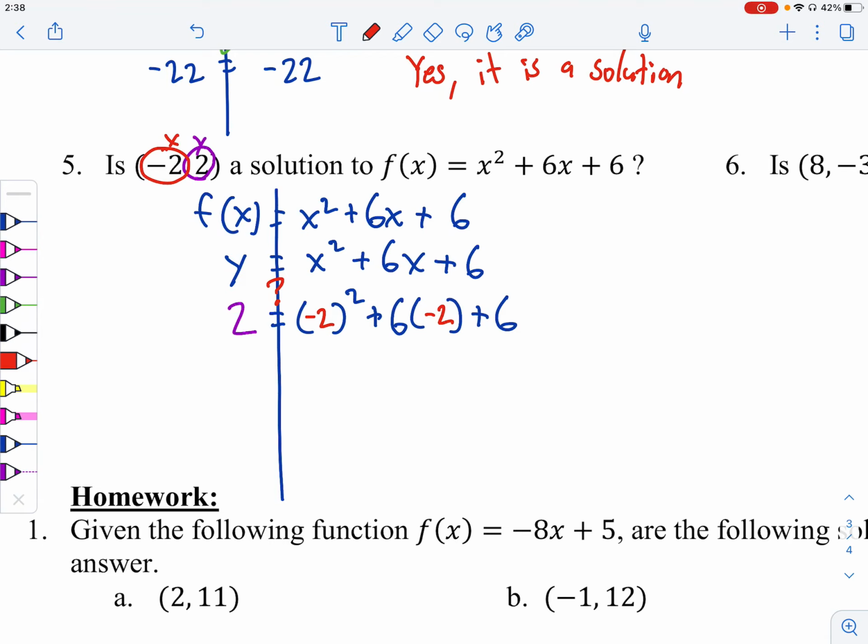The right side, we do our exponent first. -2 squared, -2 times -2 is +4, plus 6 times -2 plus 6. Then we do our multiplication.